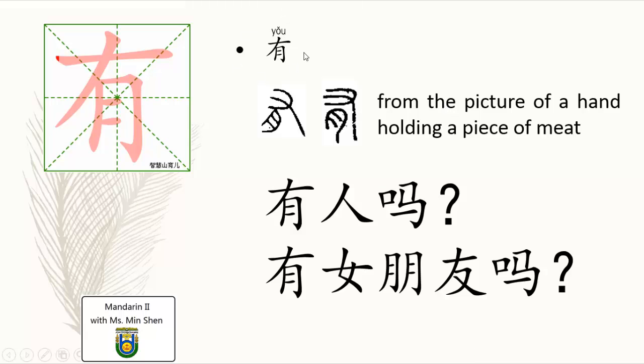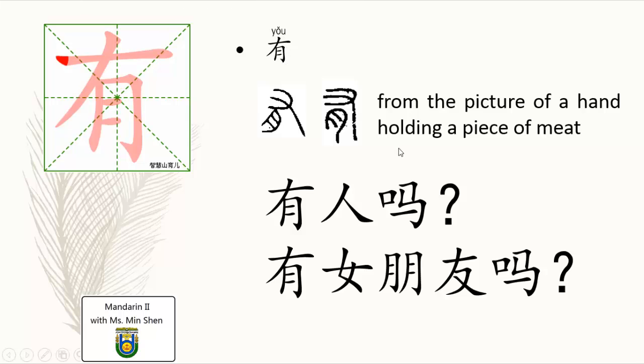And next one, we look at the character 有. 有 means have. So there is a hand. Yeah, you can see the original picture. There is a hand, and in the hand, actually, it's a piece of meat. And today we develop it here, still there's a hand and a piece of meat. So it means in possession of it.